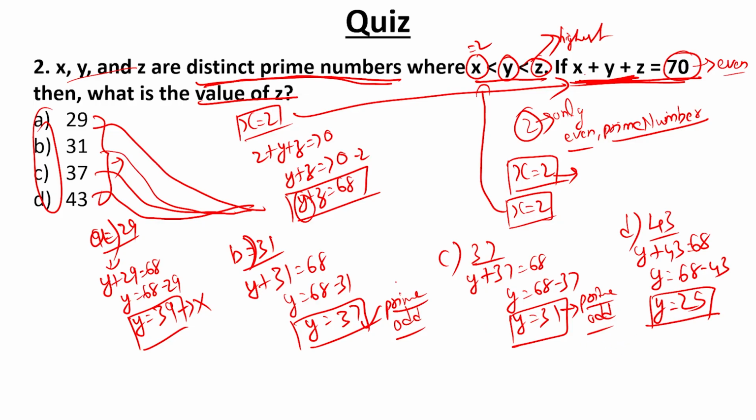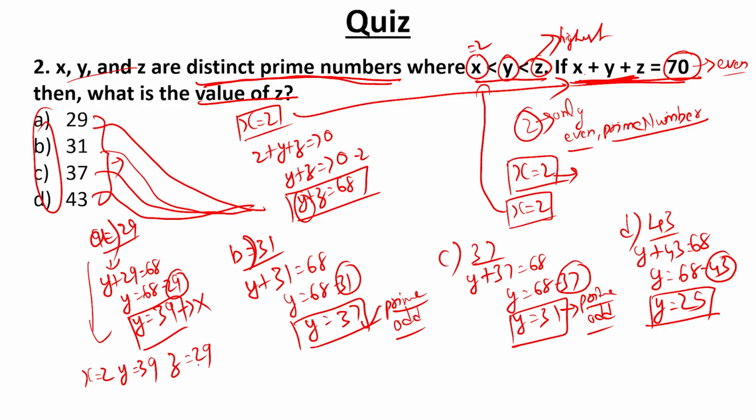Now we need to think about the value of z here. See, in each option, the value of z is displayed here. Please observe it carefully before we move further. From this we can say x is equal to 2. We got the value of 39 as y, and z is 29.